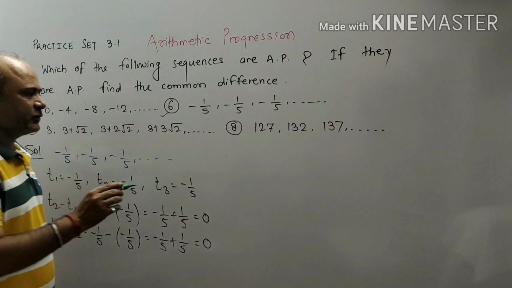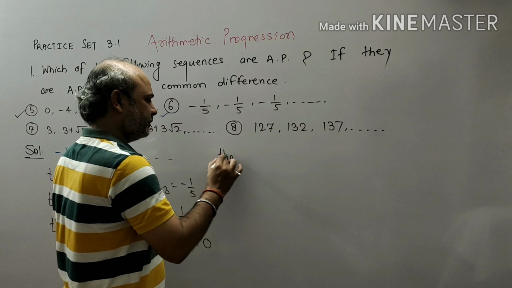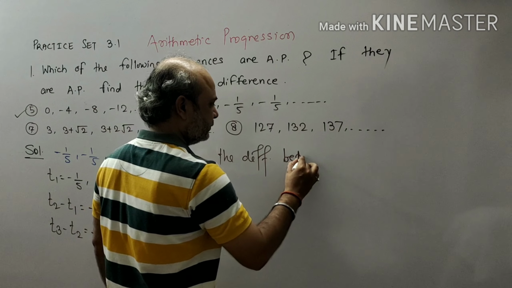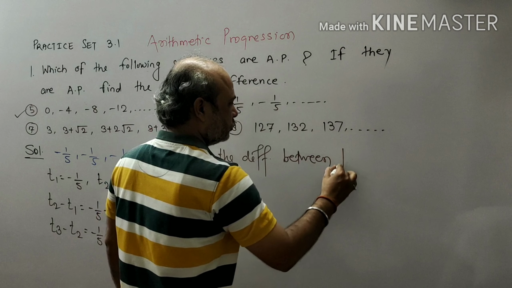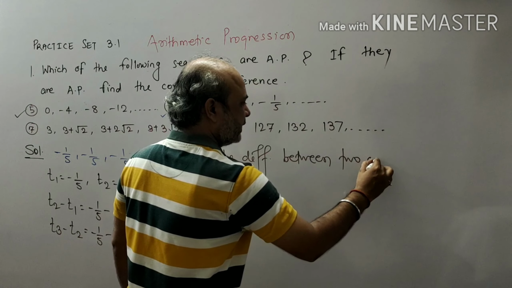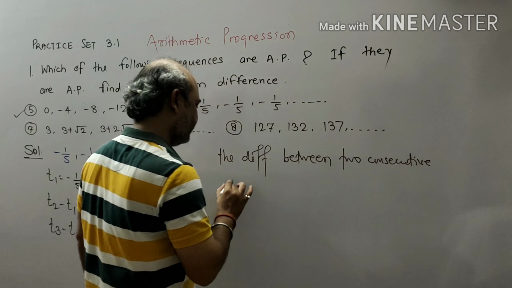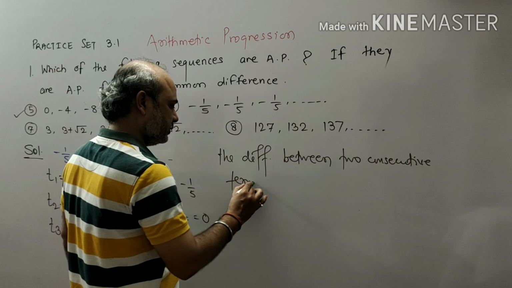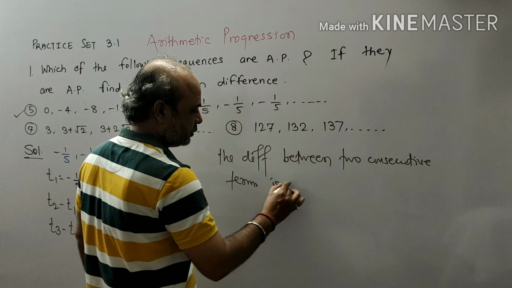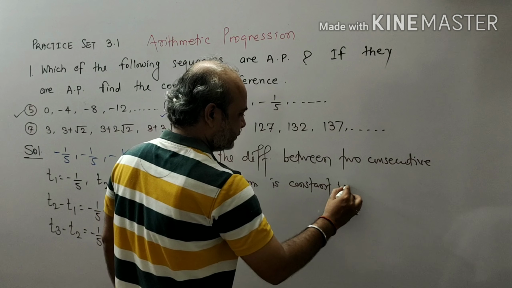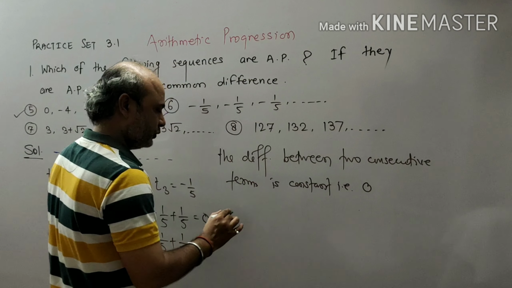And therefore you will write, student, the difference between two consecutive terms is constant. That is what, student? 0.